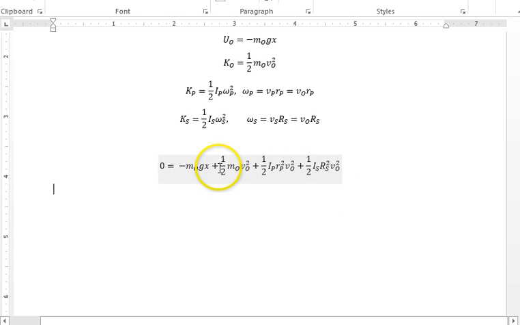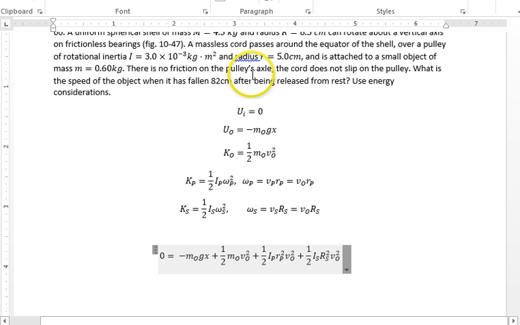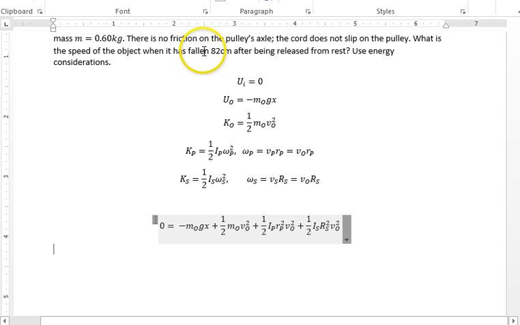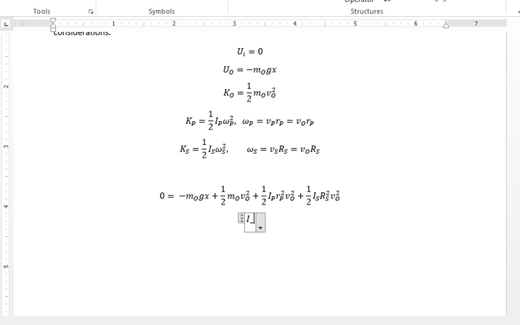Okay, so now let's see, we know everything except the velocity of the object, because we want the velocity of the object when it has fallen 82 centimeters or 0.82 meters, right? So just begin putting in. Oh yes, I of the sphere is per the equation in the chart, so we don't have to do the math: 2/3 m r squared, 2/3 mass of the sphere, r of the sphere squared.